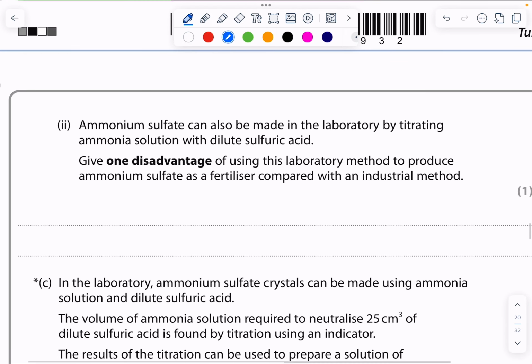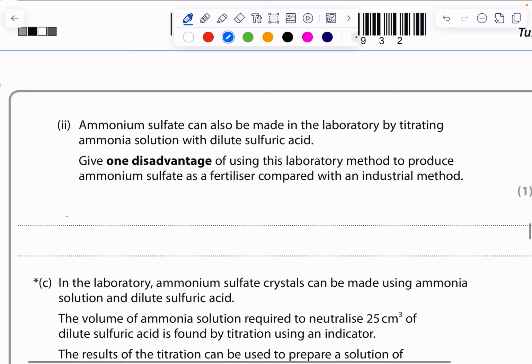Okay, next one. Ammonium sulfate can be made in a laboratory by titrating ammonia solution with dilute sulfuric acid. Give one advantage of using this laboratory method to produce ammonium sulfate as a fertilizer compared with an industrial method. So if we do it in a laboratory, we are doing it on quite a small scale.